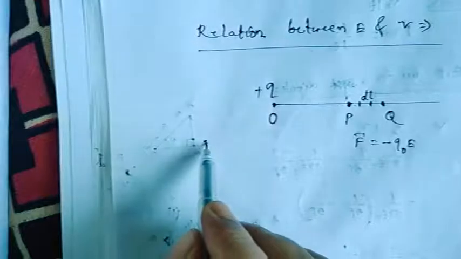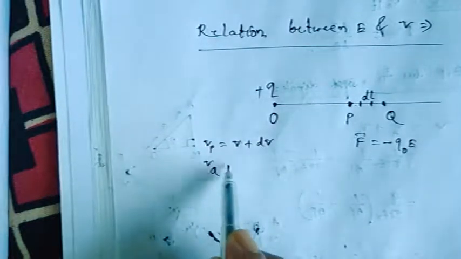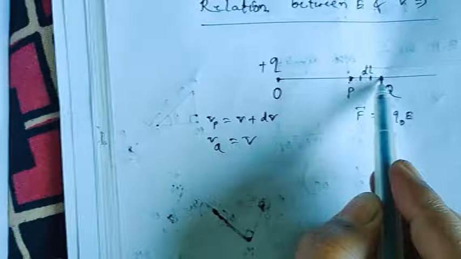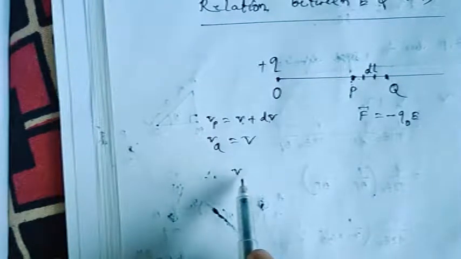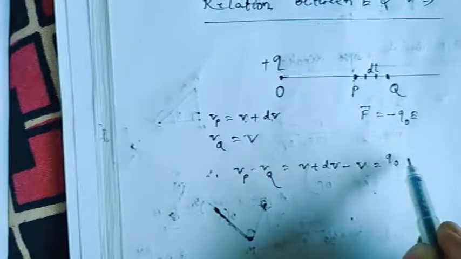At the point P, potential Vp we consider as V plus dV, and at the point Q, Vq is nothing but V. Of course, as this point is near, it will be at higher potential and this point will be at lower potential compared to this P. So V plus dV and V. Therefore, the potential difference Vp minus Vq equals V plus dV minus V, equal to work done per charge, that is equal to Q naught E dot dl, here this one is minus Q naught E and this one is dl vector.